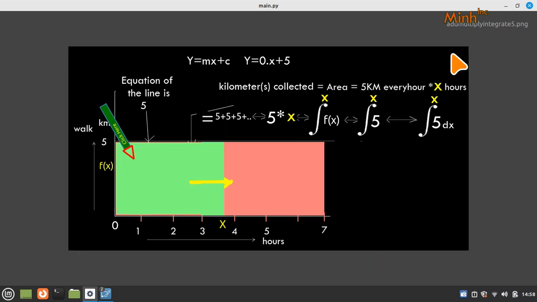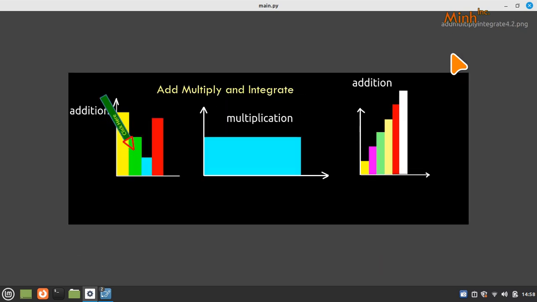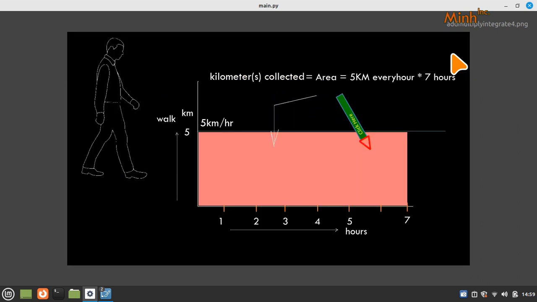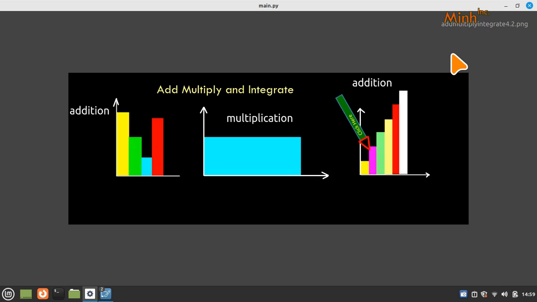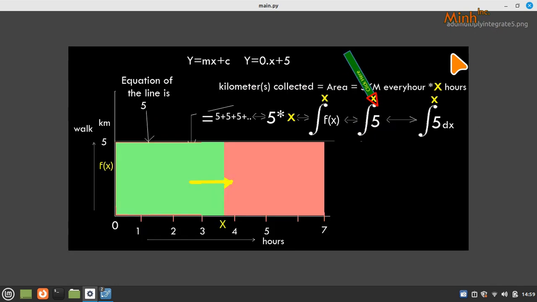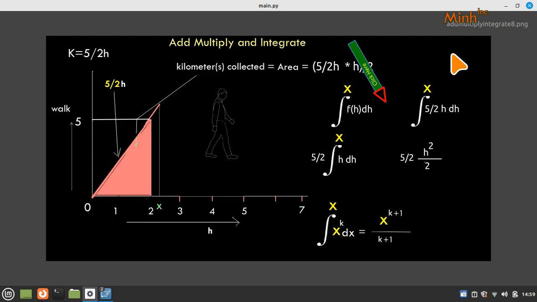Okay, so we are seeing a third form. We saw that addition is nothing but area. This is one form of addition where it is not constant, where multiplication is constant, and we saw one funny way of addition that leads to a triangle, where it is 1 plus 2 plus 3. So this triangle we are talking about now. A person's speed is not constant, speed is growing at 5 by 2 per hour.